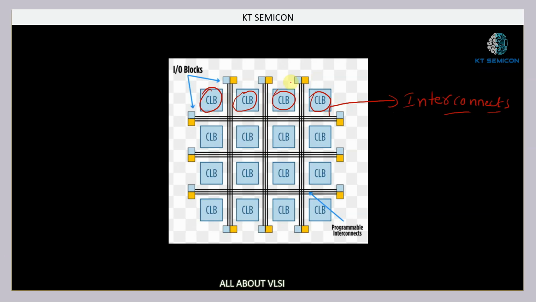So using these CLBs and interconnects, we can implement whatever functionality we want. But how the CLB is going to achieve whatever logic we want, that we are going to discuss.